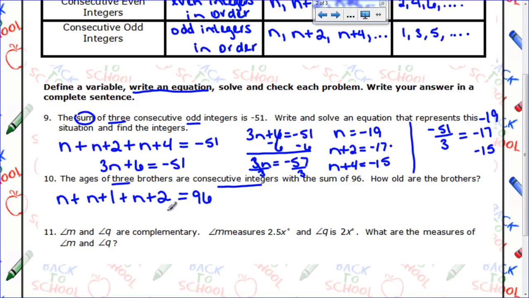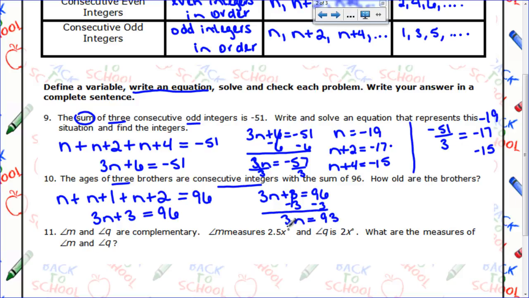Let's simplify our expression down. I have 1, 2, 3n plus 3 by adding my 1 and my 2 is equal to 96. And then we're going to solve to find out how old the brothers are. So I have 3n plus 3 equals 96. I'm going to subtract 3. And I have 3n is equal to 93.